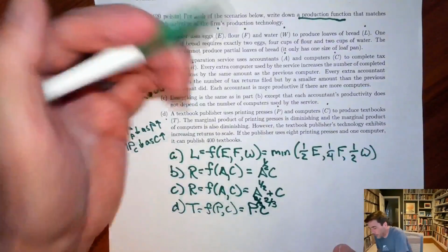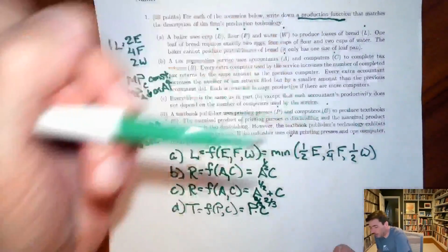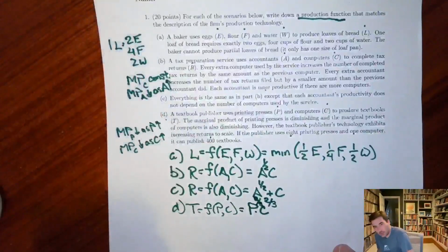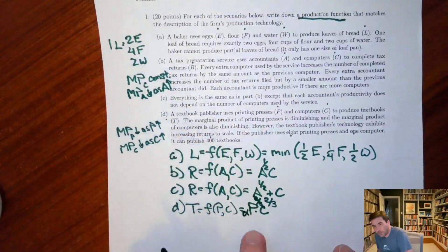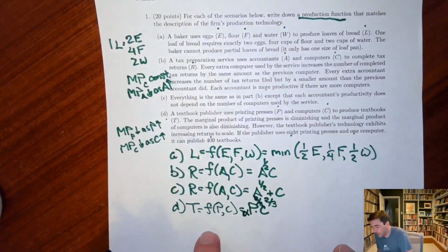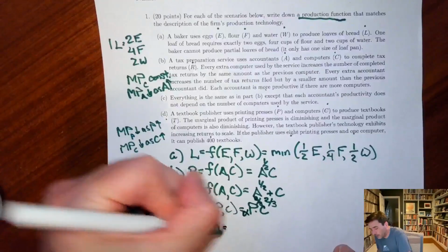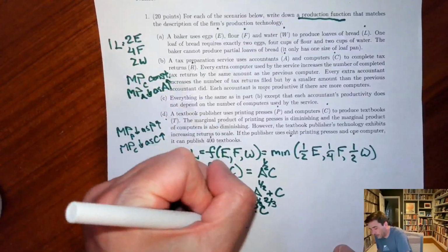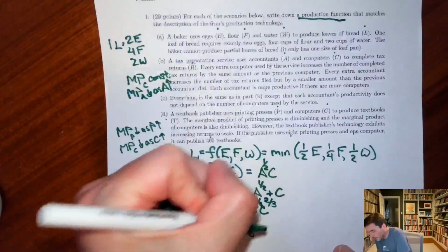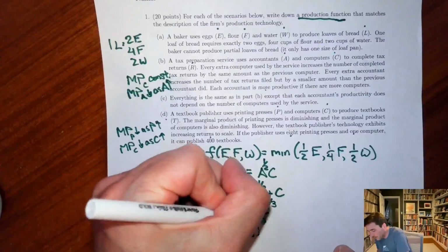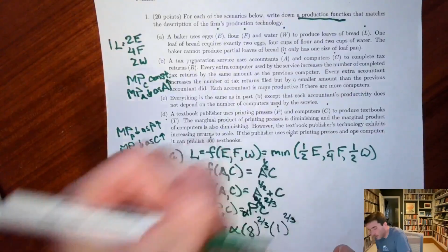Now there's one last piece of information here. If they use 8 printing presses and 1 computer, they should publish 400 textbooks. So what that means is I actually have to scale this function so that it matches that information. So 400 is going to be equal to alpha times 8 to the 2/3 times 1 to the 2/3.